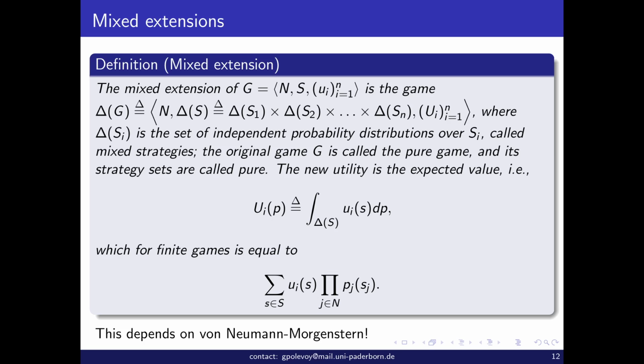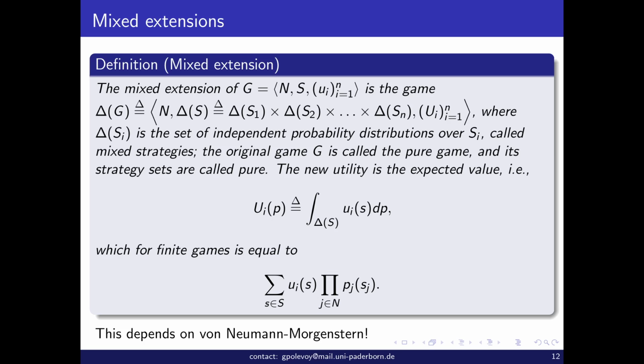So the strategy of player i is not to choose something in Si, which she originally did, but to choose a probability distribution on what she originally chose from in Si. So she chooses how she's going to randomize, which lottery she is going to have, and it's independent of what the other players do. And these are the strategies. So they can be said to model probability distributions. We're going to talk a bit more in detail about what exactly this kind of model is.